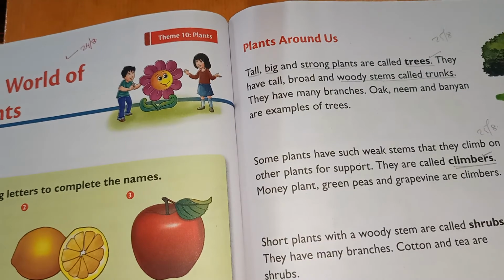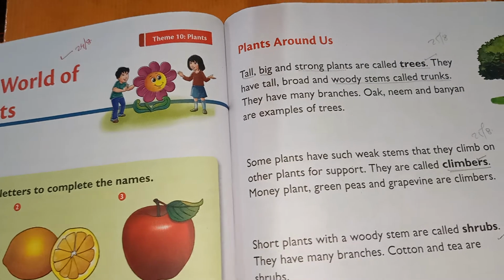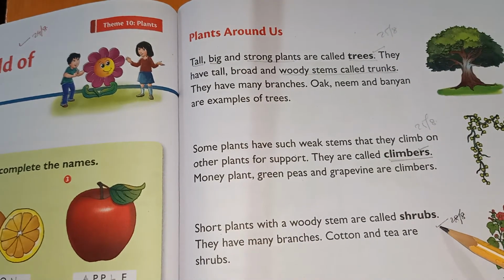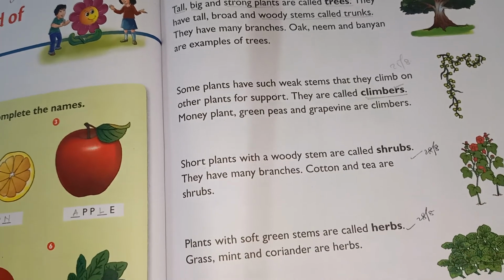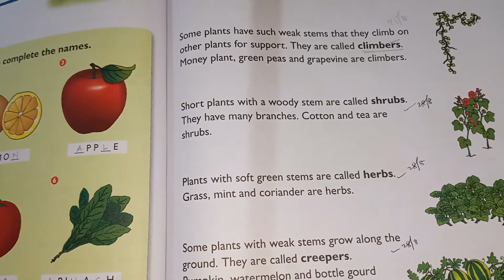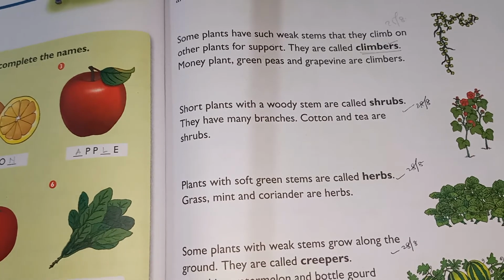We learned that plants around us are of 5 different types, and they are trees, climbers, shrubs, herbs, and creepers. So these are the 5 different plants which we get around us.